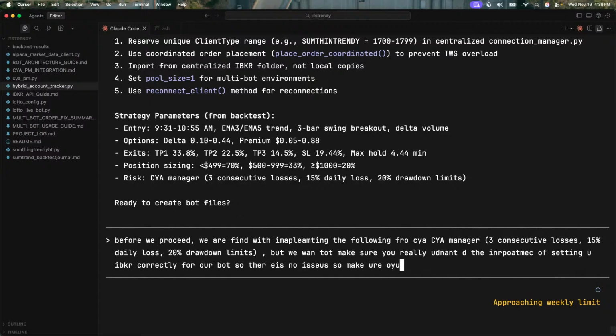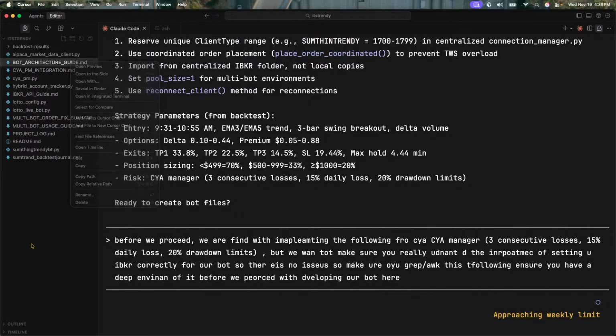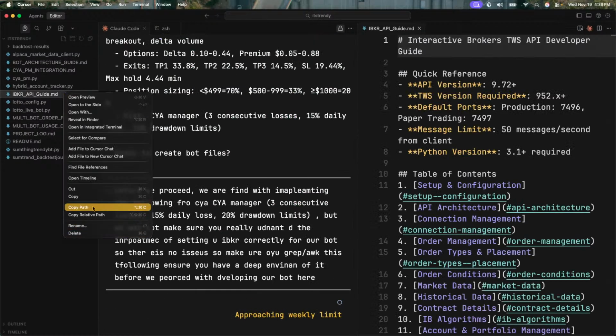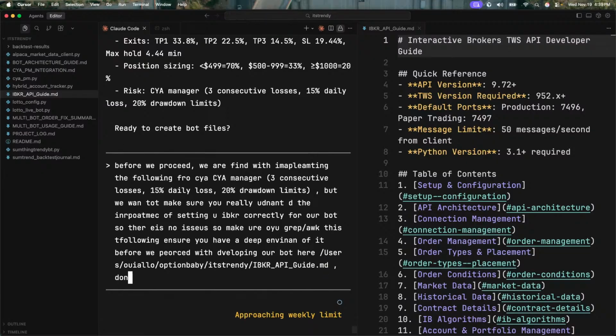So make sure you grep and awk the following and ensure you have a deep understanding of it before we proceed with developing our bot here. Don't read too long. Use grep and awk.